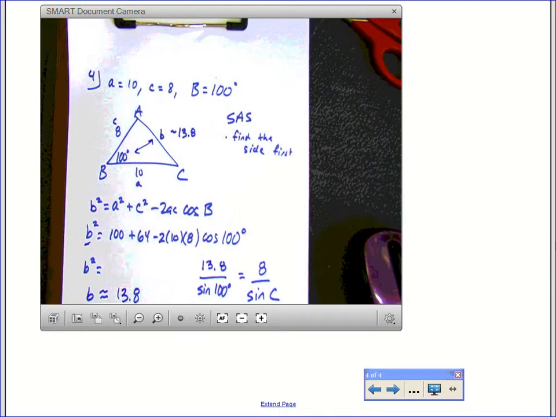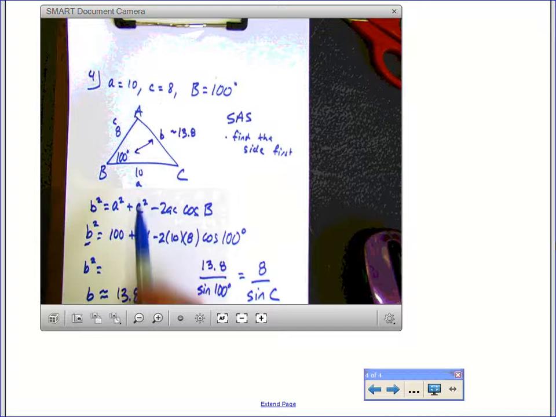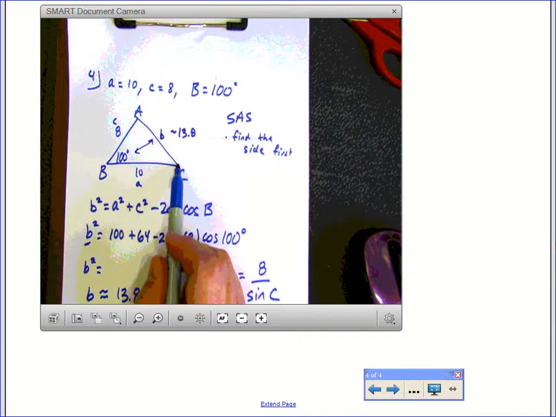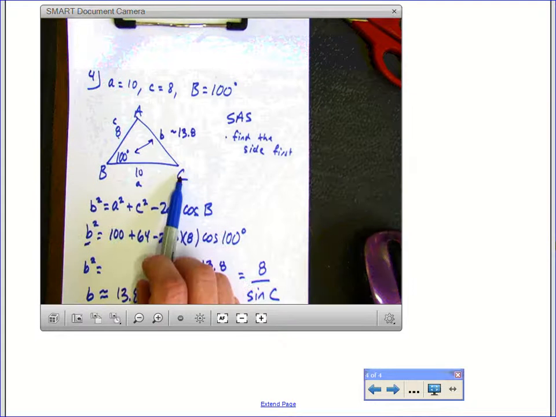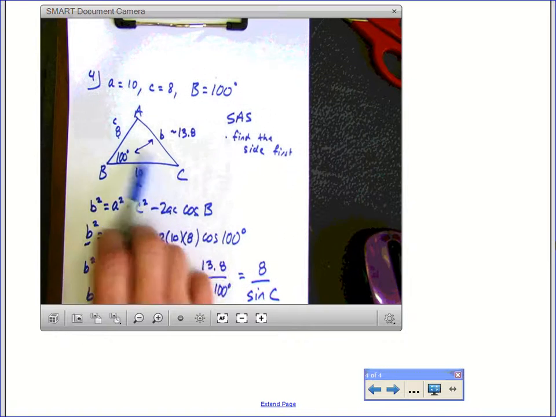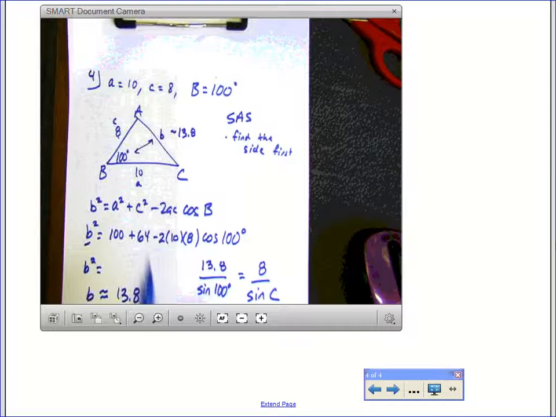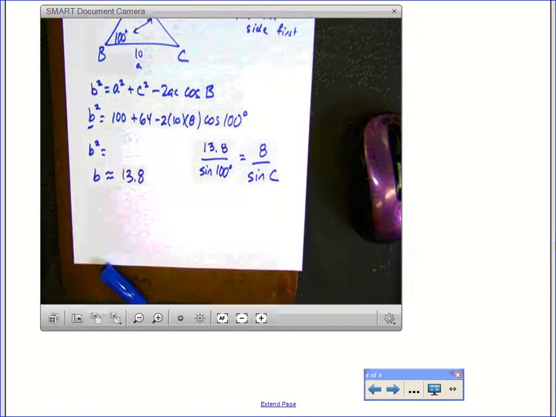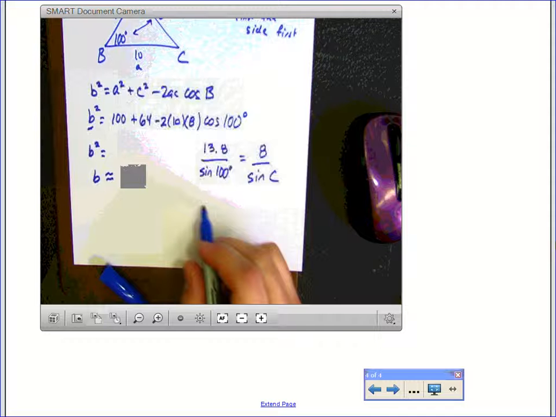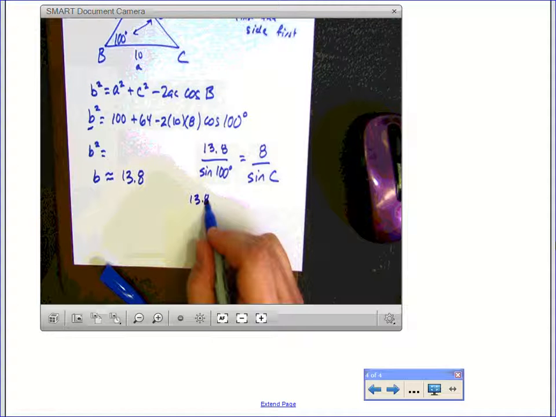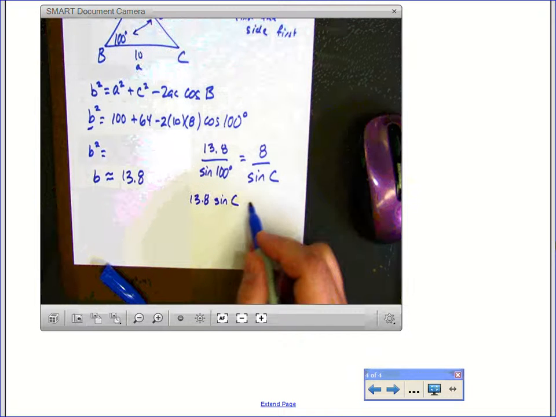I've got both of them here, and then this ratio I've got the side but I'm missing the angle, and it's the smaller of the two angles between A and C. Now let's cross multiply. So we get 13.8 times sine C equals 8 times sine of 100.